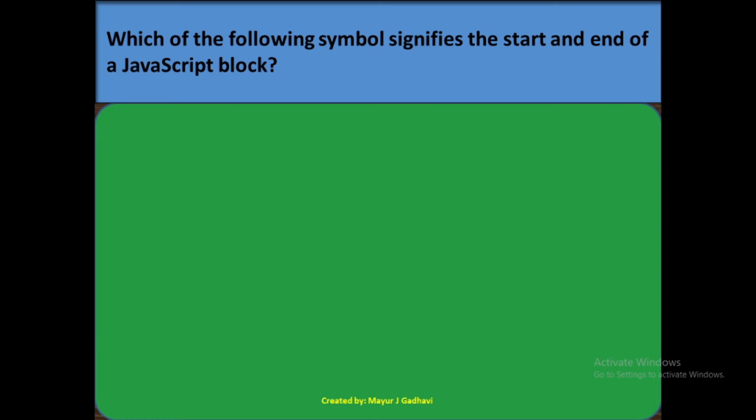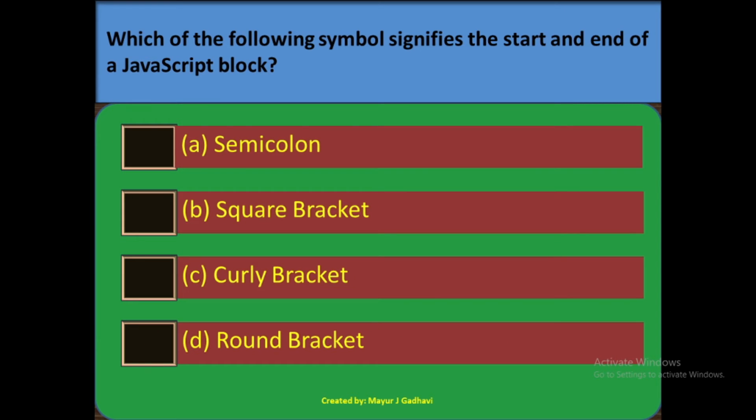JavaScript block means function. So actually this is the question regarding function code. The options are semicolon, square bracket, curly bracket or round bracket. Well, the function code that we can write, that is inside curly brackets. So answer C is true. You can click on any other option, it will show you that the answer is wrong.